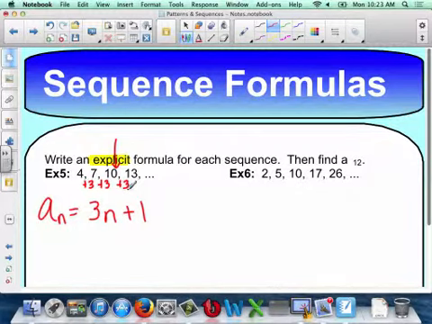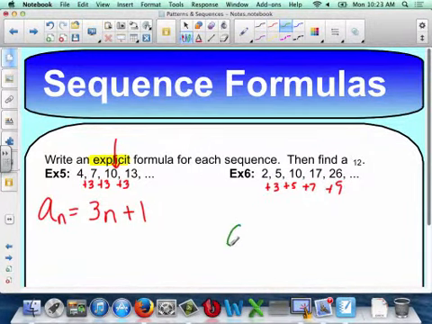All right, what's happening on number 6? Error, so we're not going by the same value, are we? So what do we do then? If we're not going by the same amount every time, what does that imply? Exponents. So what are we going to start with? Probably let's start off with an n squared term.